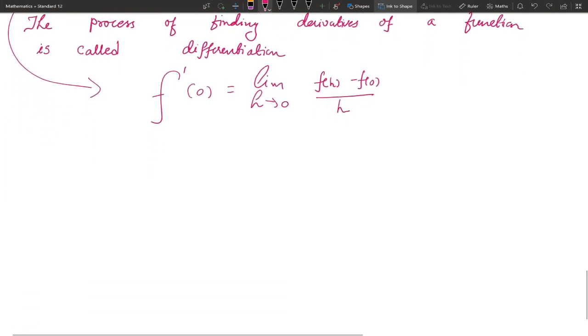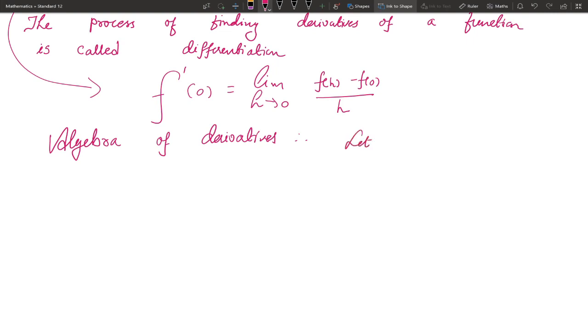Now important results, algebra of derivatives.